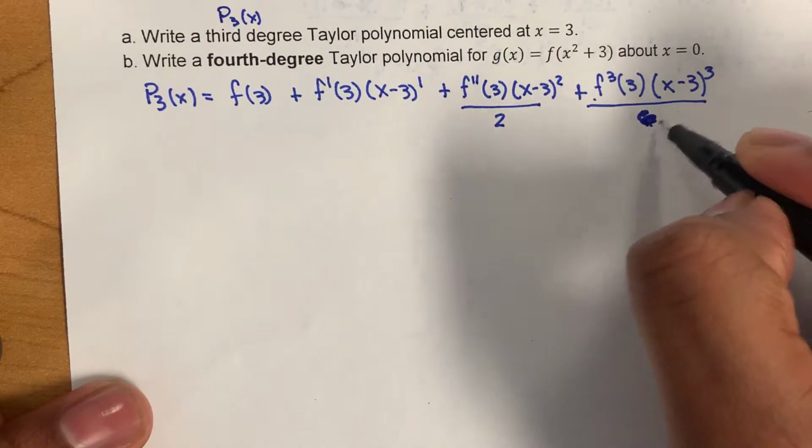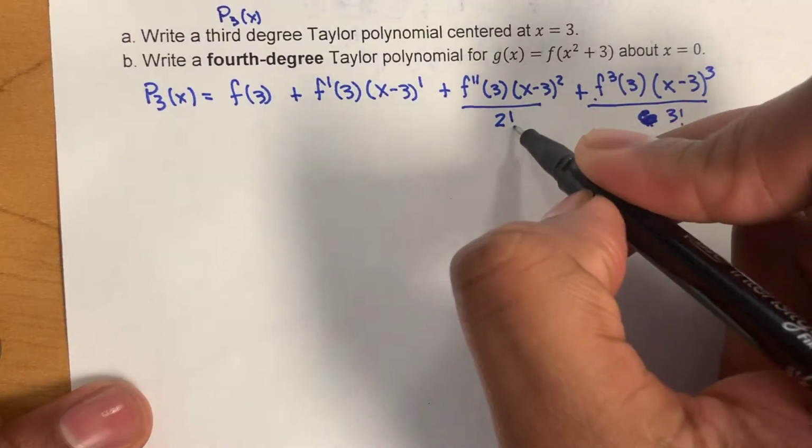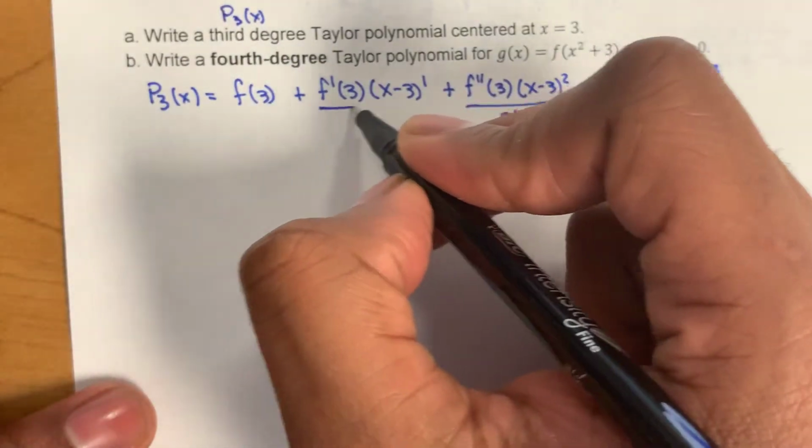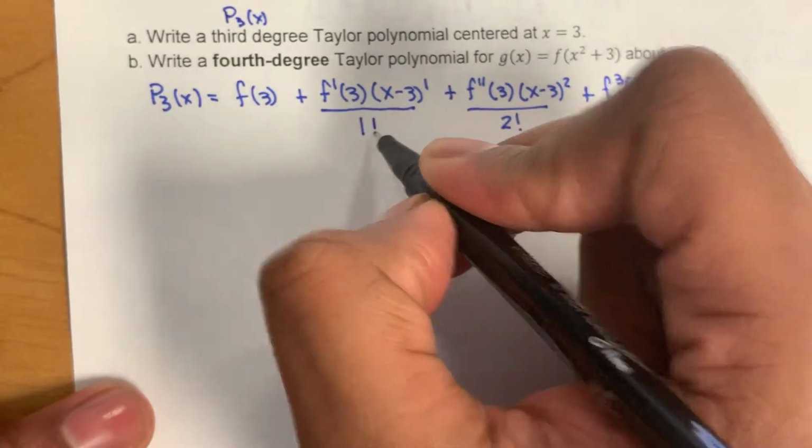So you know what, actually we'll just put in 3 factorial and we'll go back and put in 2 factorial. And for good measure, let's put in 1 factorial.